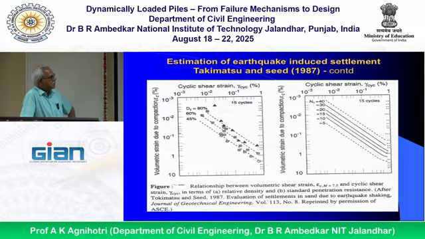If you have performed SPT in that area and you have the N value, then you can select the corresponding curve. Gamma effective is this gamma cyclic. From this you can calculate this value, epsilon C, which is volumetric strain.